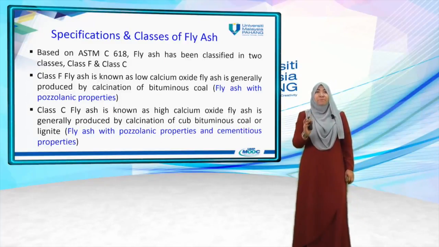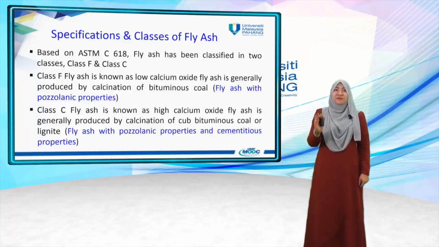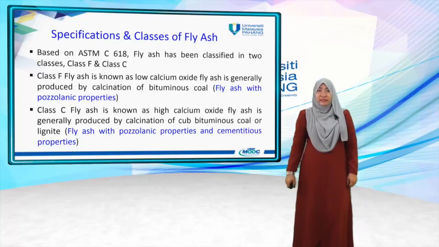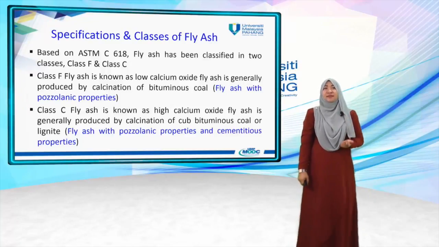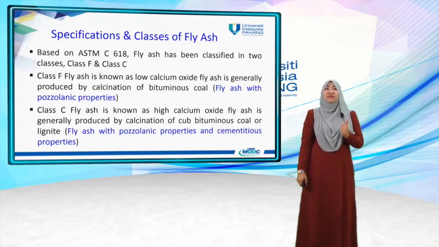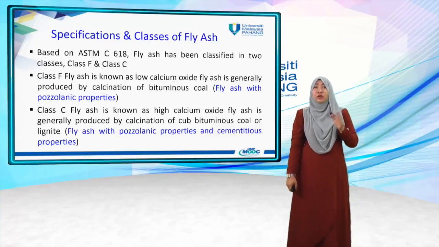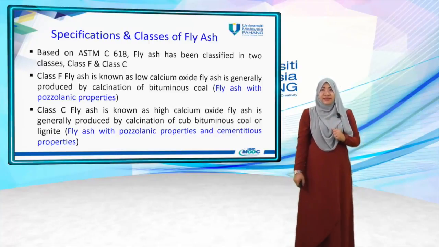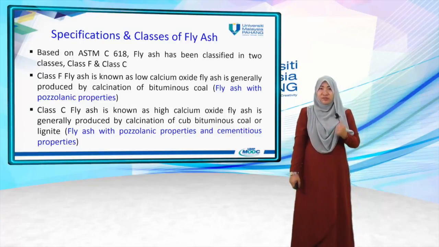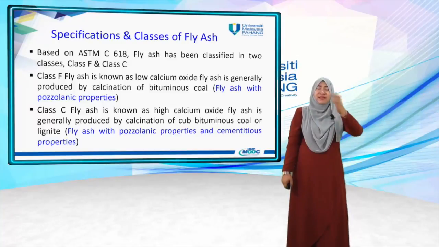Okay, number one, based on ASTM C618, fly ash has been classified into two classes, Class F and Class C. Class F fly ash is known as low calcium oxide fly ash, generally produced by calcination of bituminous coal, which means that it is fly ash with pozzolanic properties.